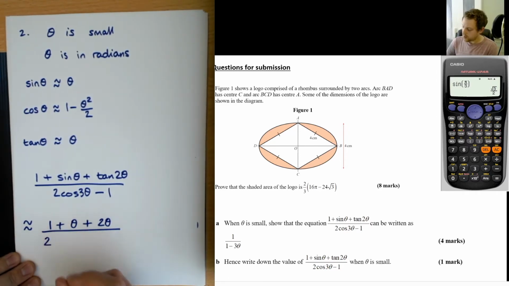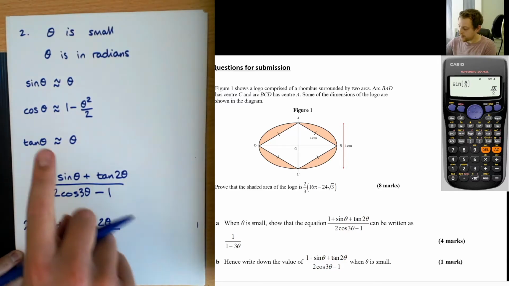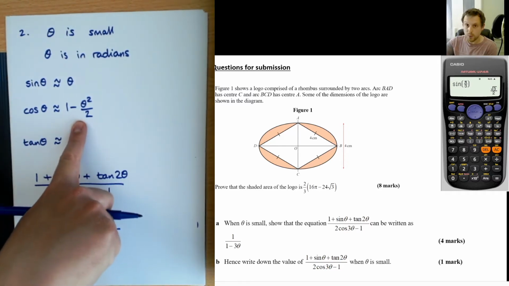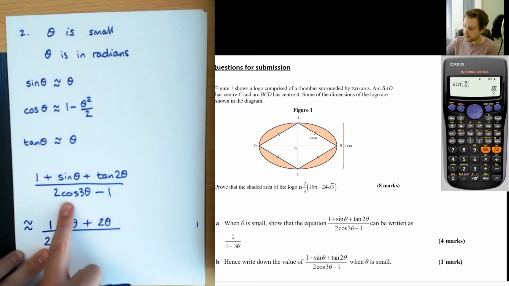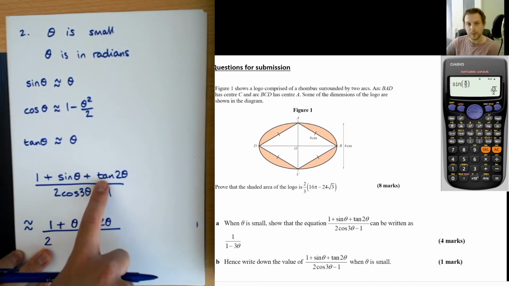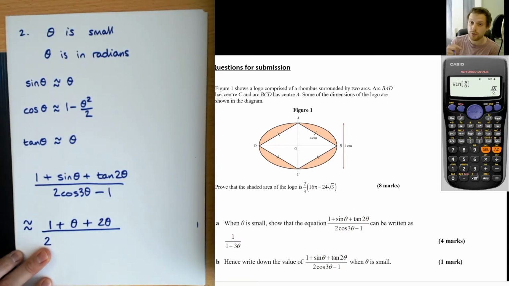And then 2, now cos of theta is approximately equal to 1 minus theta squared over 2. So cos of 3 theta, for similar reasons, if theta is small, then so is 3 theta, because tripling of something that's tiny still keeps it tiny.